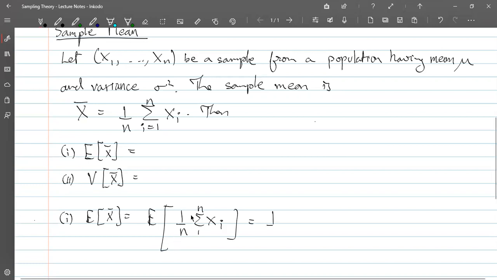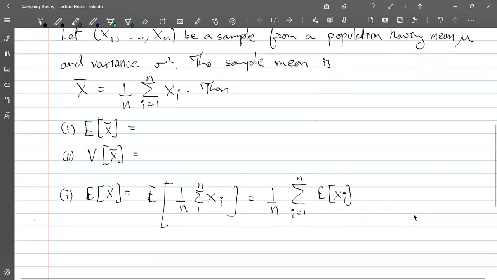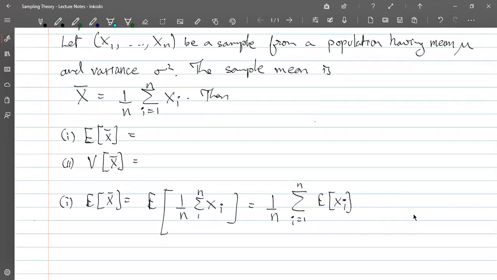So this immediately becomes 1 by n summation 1 to n E of xi, because of linearity of expectation, right? Now what does it say here? The mean of the population is mu. Xi is from that population, so xi has the mean mu, each xi independent of i.